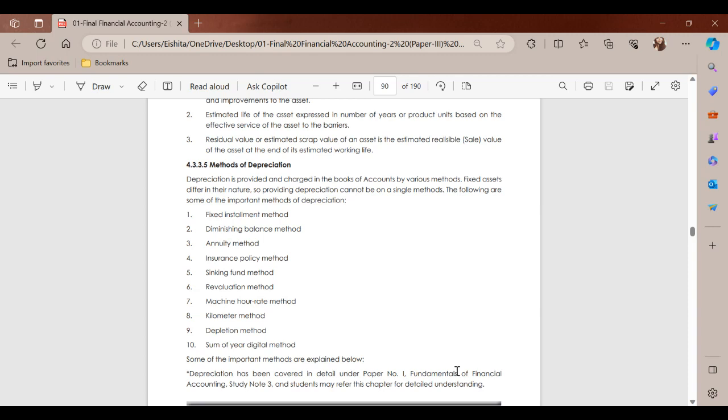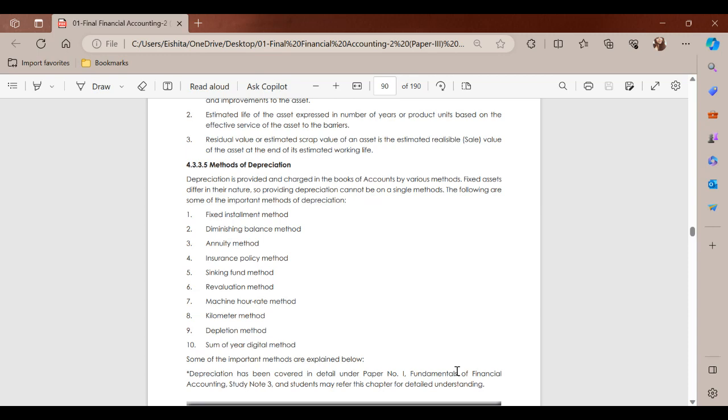And out of 100, you will also find one or two or three companies following the revaluation method. Rest methods are there, but they are based on theory and some questions may be asked, but they are practically not much in use. So first is fixed installment method, also called straight line method.